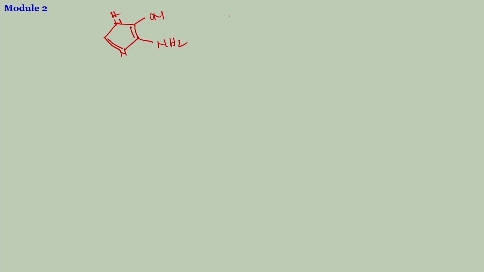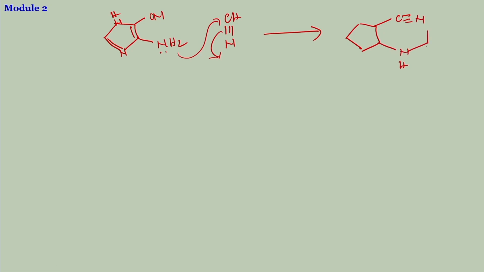So this reacts with another HCN, so obviously here, and this will come down, N, NH, C double bond N minus, rest is all the same, NH.